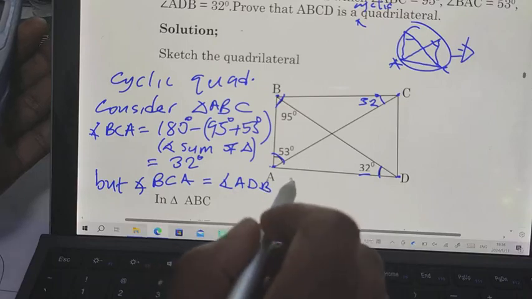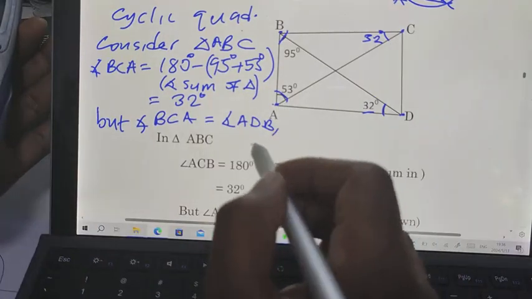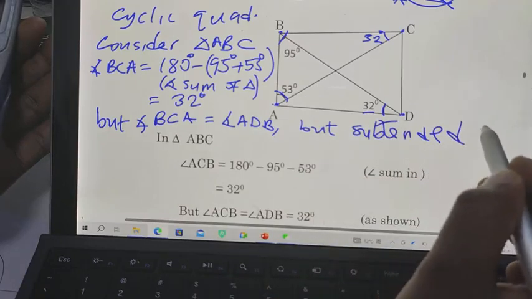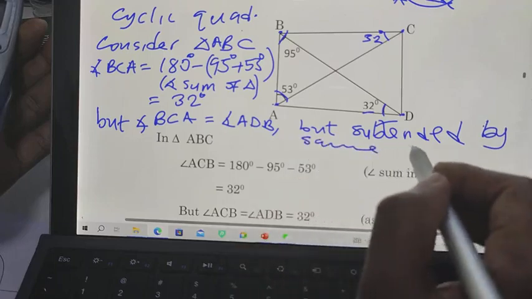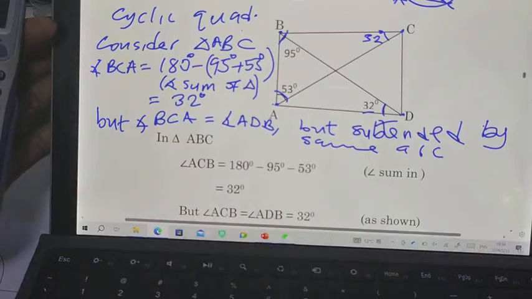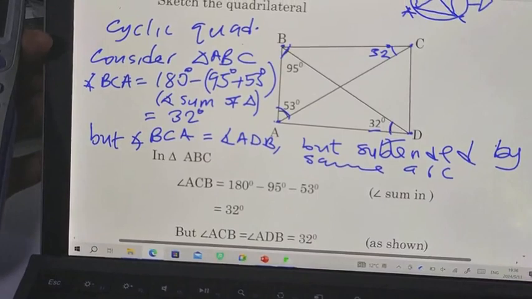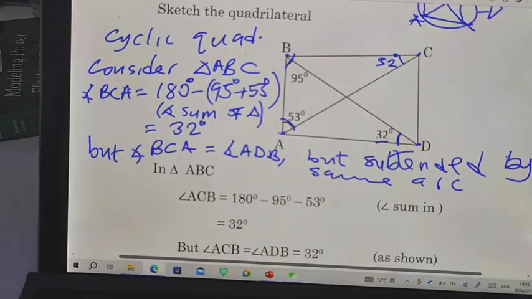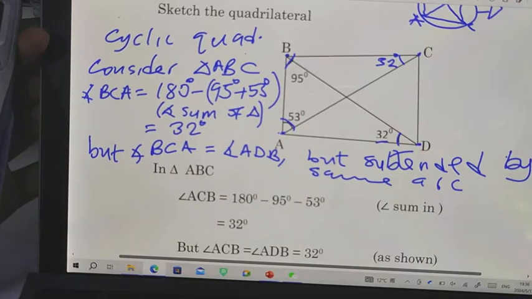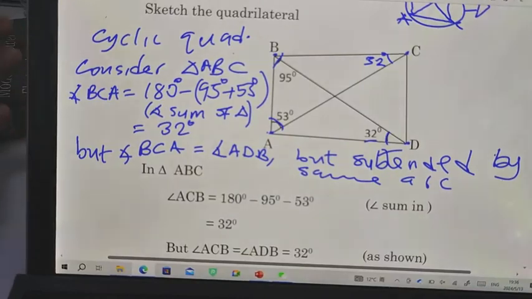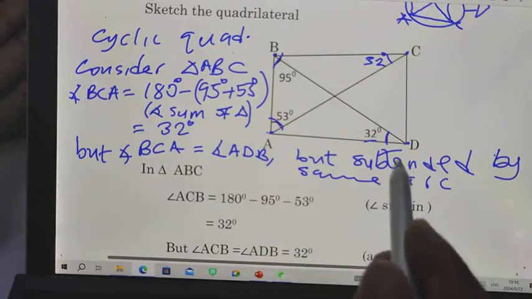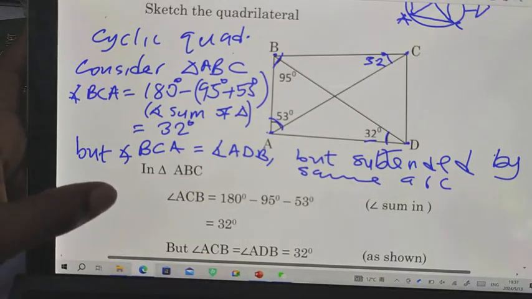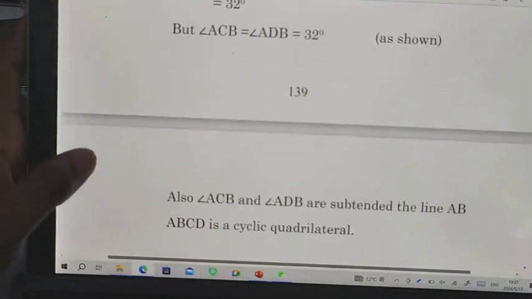They are subtended by the same arc. If they are subtended by the same arc, we can happily conclude that this is a cyclic quadrilateral.